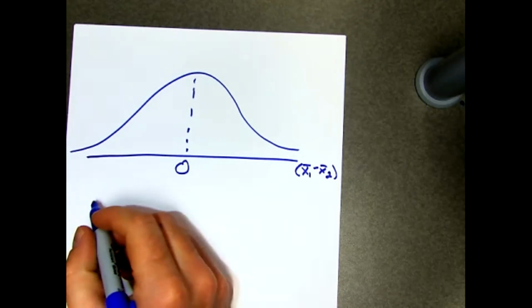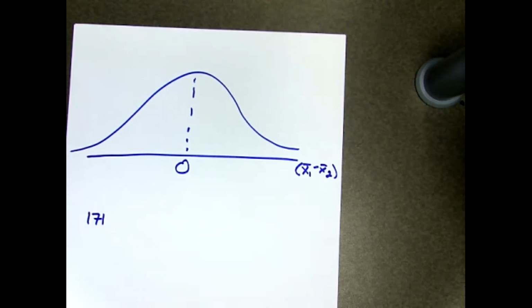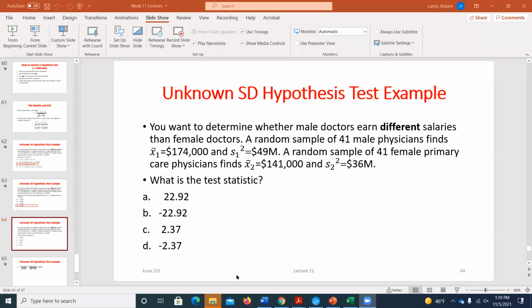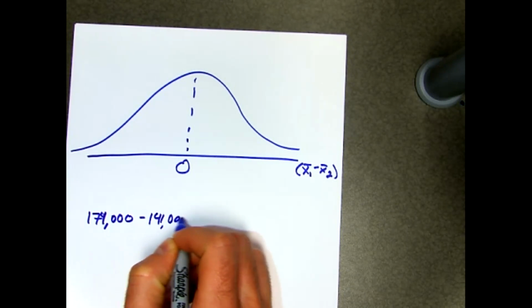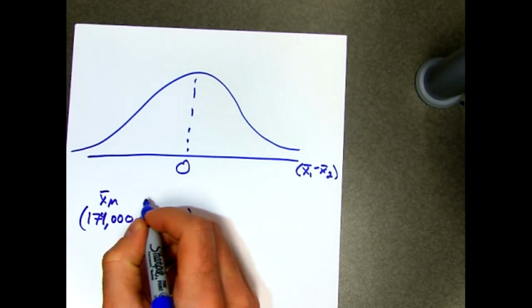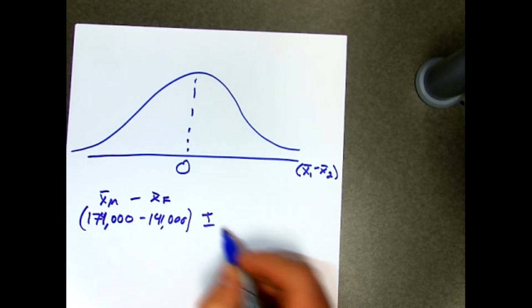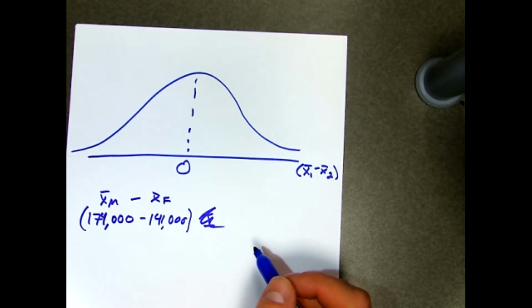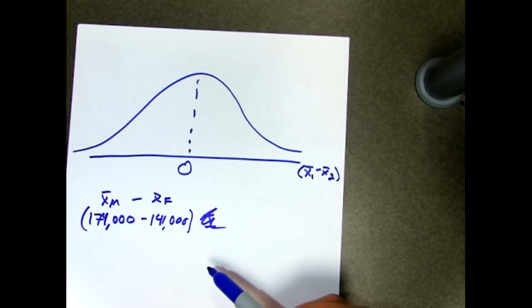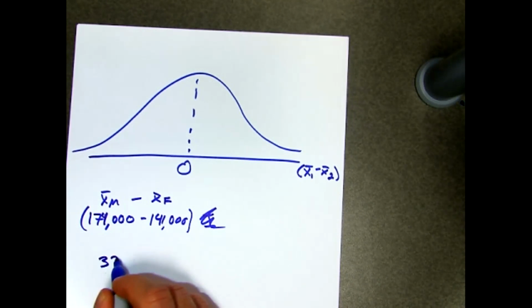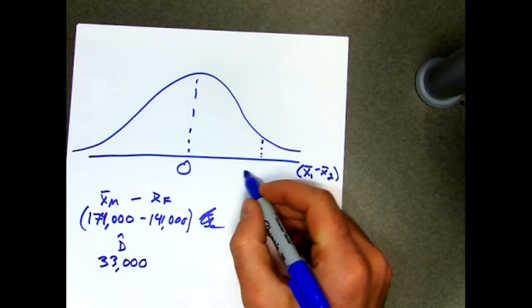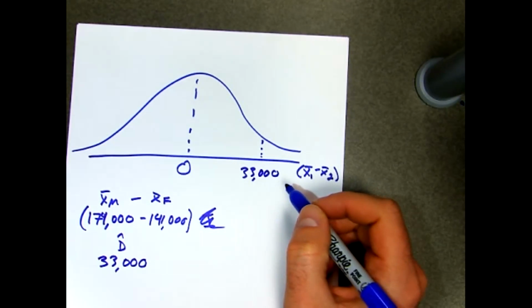Let me make sure I get these numbers right. 174 and 141. Okay. So 174,000 minus 141,000. That was my male and female averages. I'm not doing confidence intervals, real hypothesis testing. So I've got this sample difference of 33,000. So the sample difference I found is somewhere over here, right?